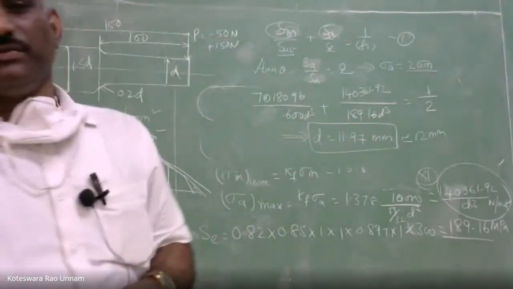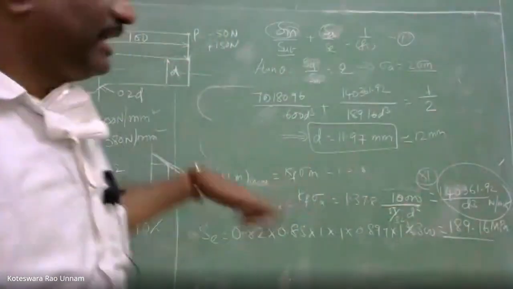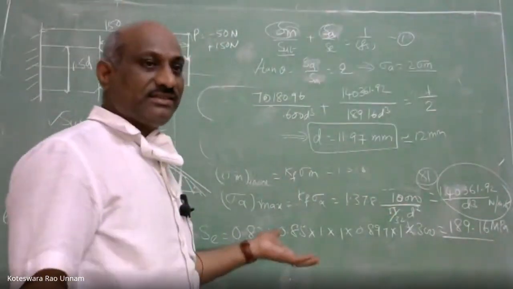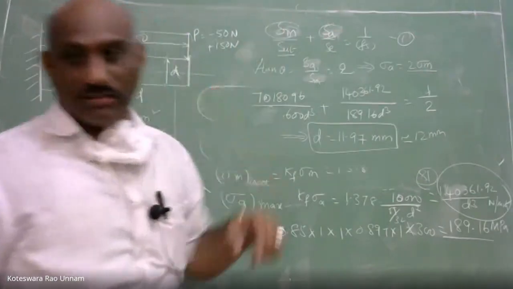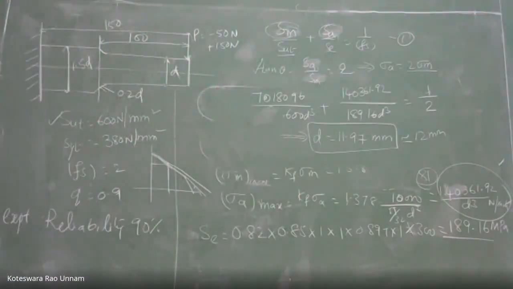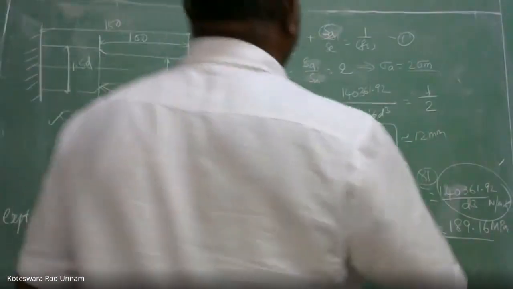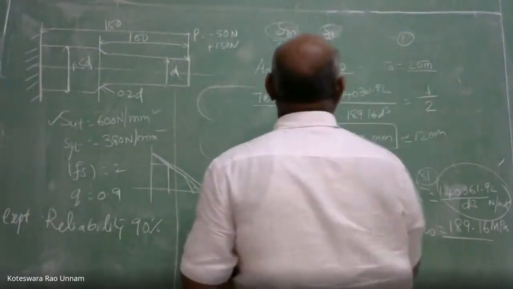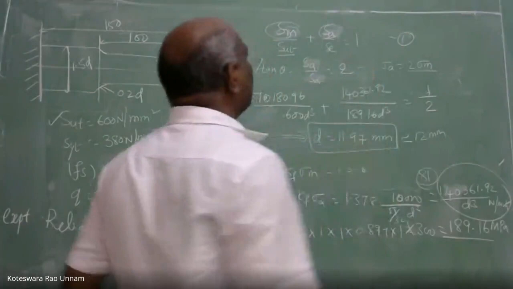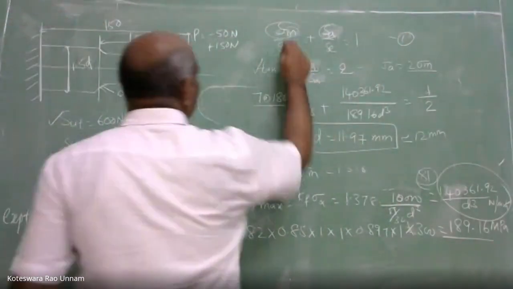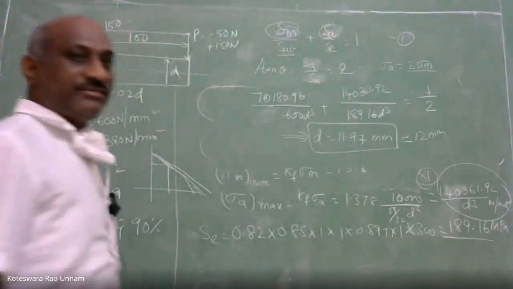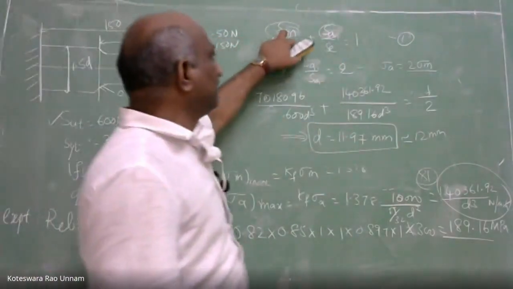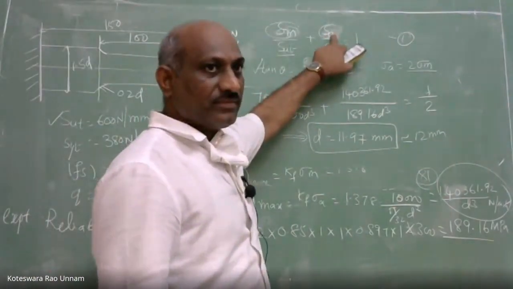These are the strengths. Earlier we were considering the stresses. Now we are considering the strength of the material, so we are not going to apply even the factor of safety. So I'll take this one as 1: Sm by Sut plus Sa by Se. In this I don't know what is Sm and what is Sa.